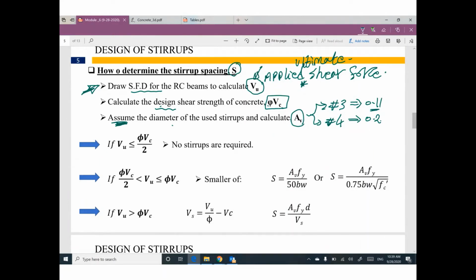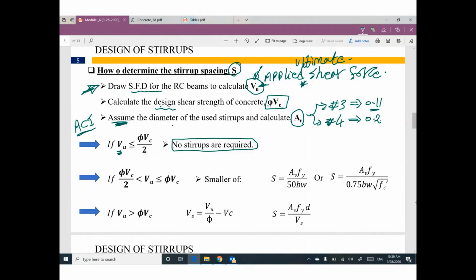We have 3 cases according to ACI. Very important. First case: if V ultimate from the structure analysis is smaller than or equal to phi VC from concrete divided by 2, no stirrups required.